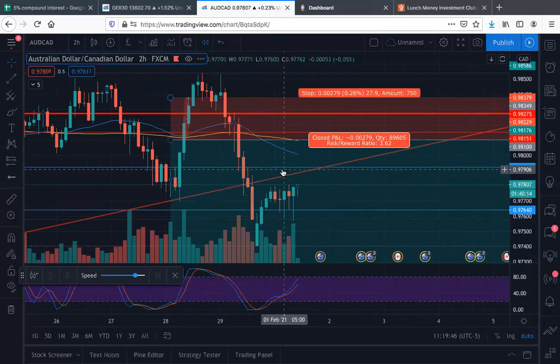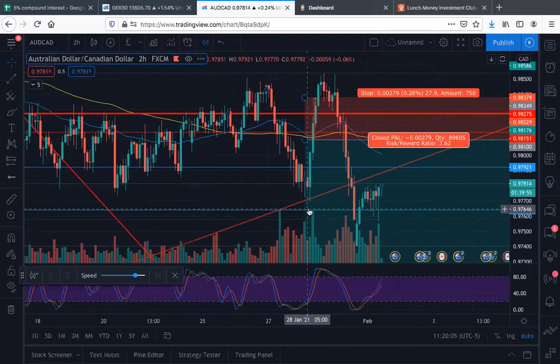Yep. So price could come back up to our trend line. Obviously, we want to actually see this hold that support. And it can also come all the way back up to this 97,927. We got our 50 and our 100 period moving averages.